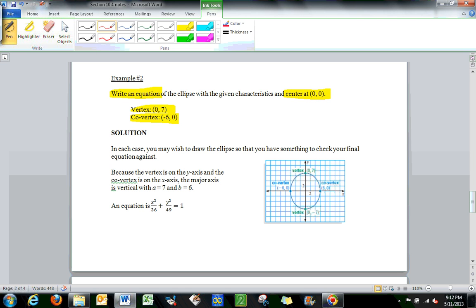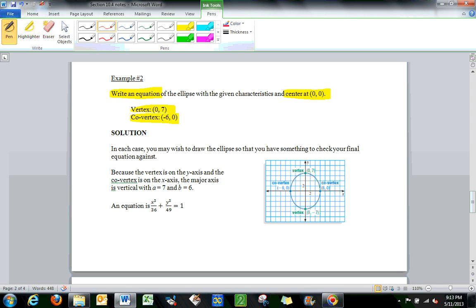Now sometimes knowing what equation to write, whether it's horizontal or vertical, can be challenging just by looking at this given information, but sometimes drawing it can help you see that.